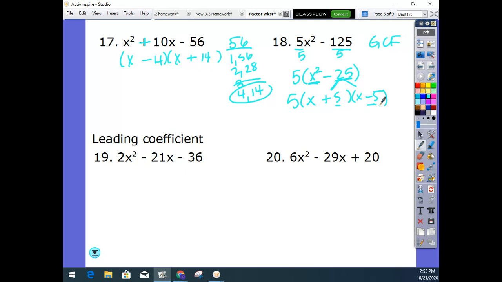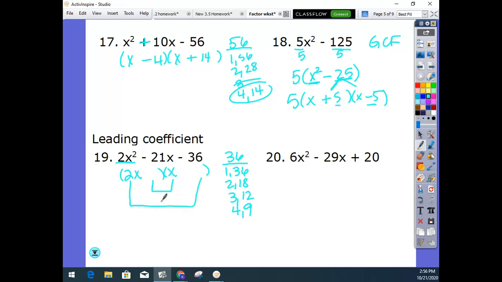All right, this is the tougher section. The only way to get 2x squared, 2x and x, this is where I use the brackets underneath.